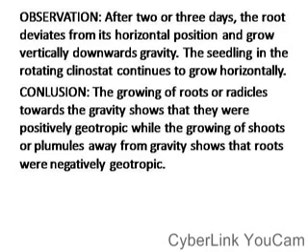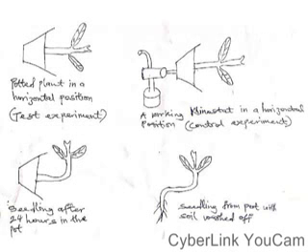Look at the drawing again. This is the diagram. Look at this drawing. The shoots grow away from the gravity, which is negatively geotropic, or negative geotropism. The roots now grow toward the gravity.